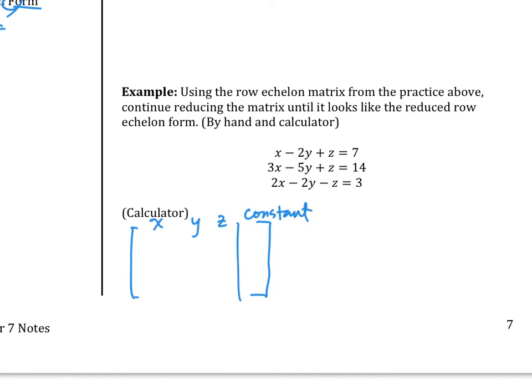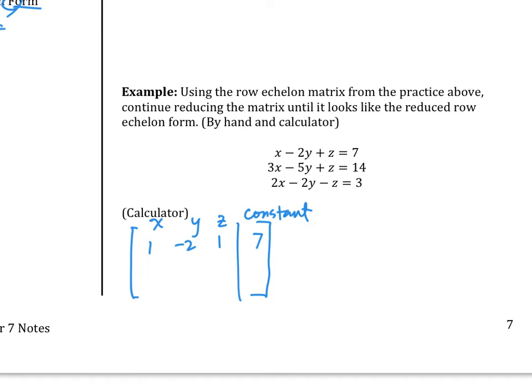So in the first equation, x minus 2y plus z equals 7, we are only taking the coefficients. So that's going to be 1, -2, 1, 7. I put a line there because that reminds me that is the equal sign.